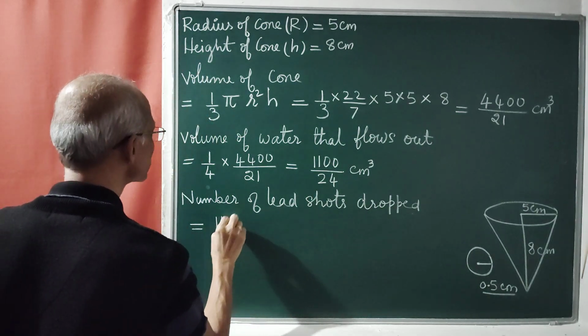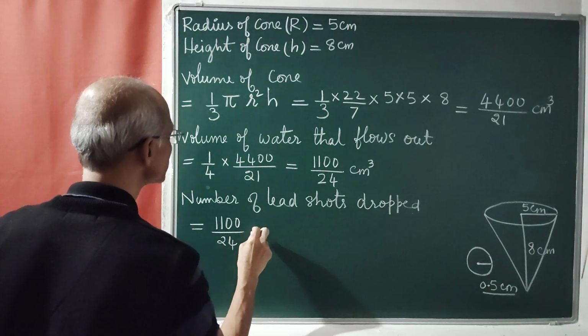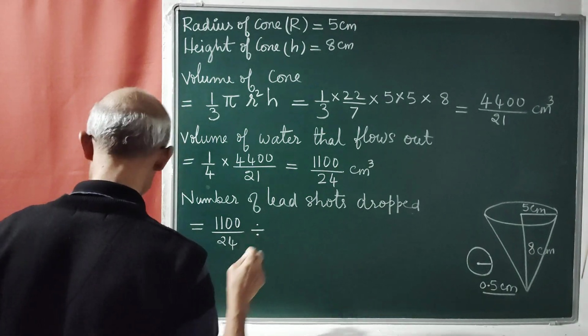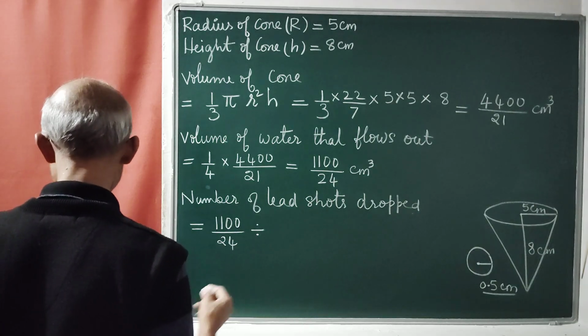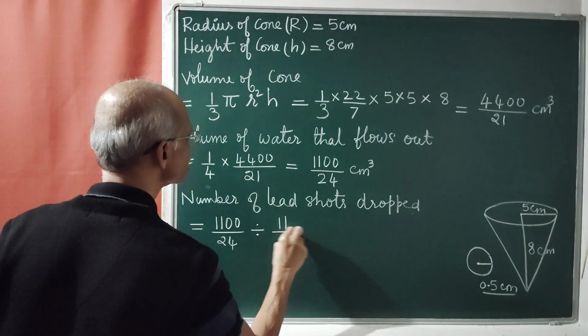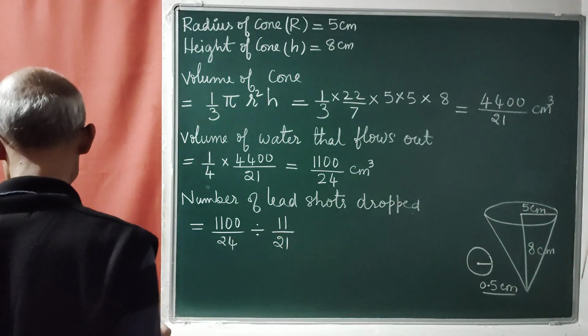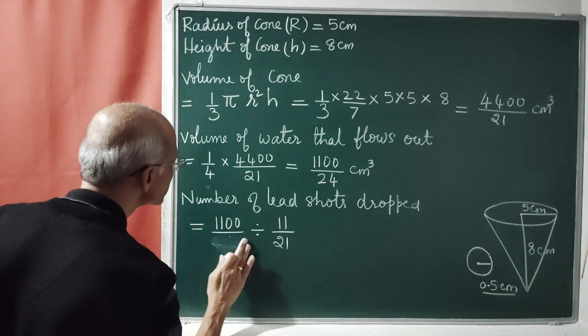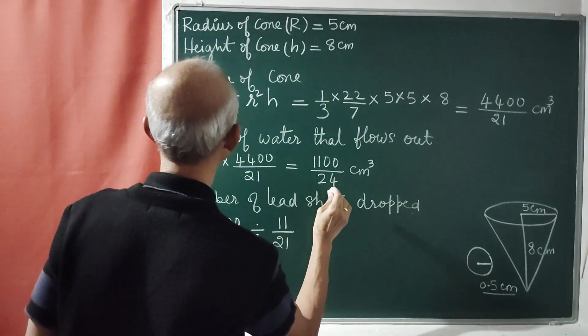So 1100 by 21 divided by 11 by 21. This is 21, this is 21.